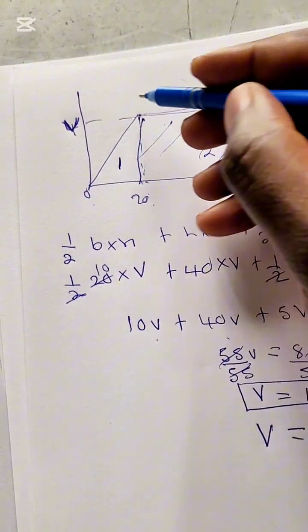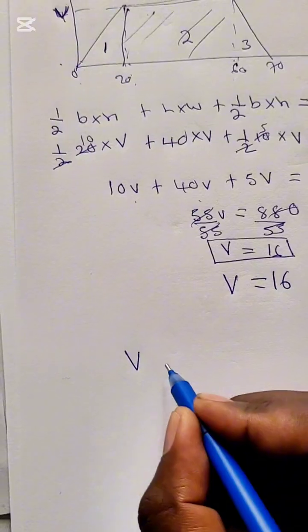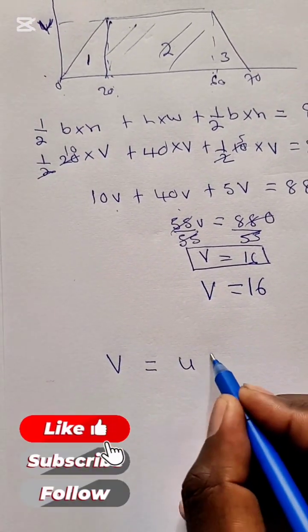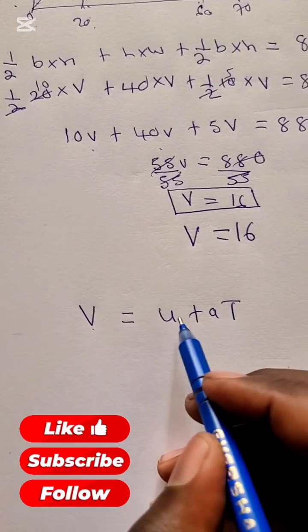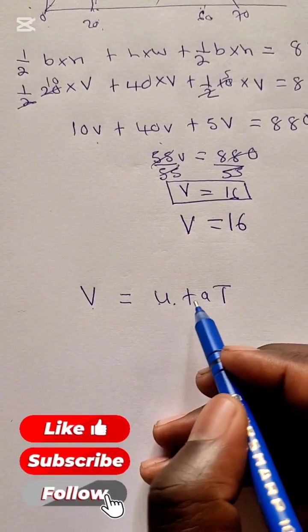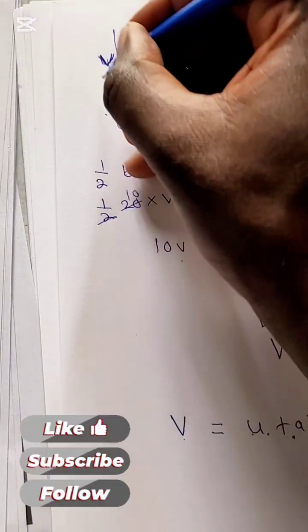Okay, then part B: find the acceleration during the first 20 seconds. We have a formula which says V equals U plus AT. V is our final velocity, U is the initial velocity, A is acceleration, and T is time.